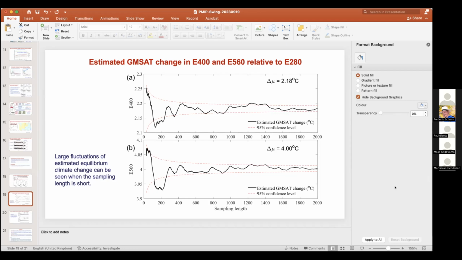First of all, a comment, sorry. If you assume an AR1 process, a simple autoregressive process, which I think is called the Ornstein-Uhlenbeck process and also relates to the Hasselmann model, then you can relate the variability to the equilibrium climate sensitivity.